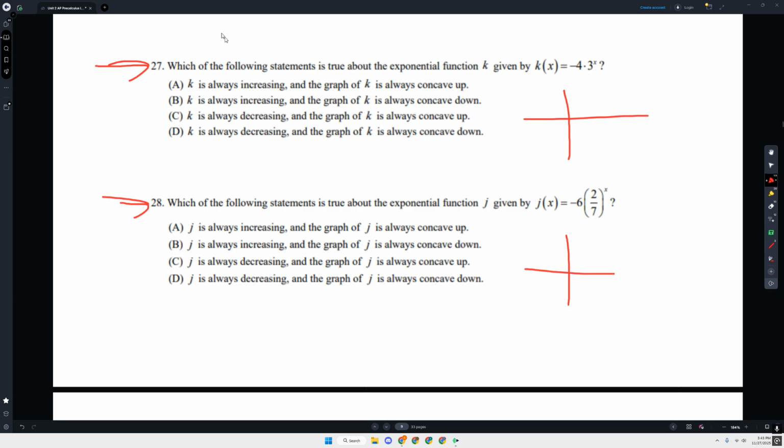All right, so for 27, we have an exponential function, so that means it's increasing, but now it's flipped, so it's negative, so we're going to point it downwards, which means the function is always decreasing. And it's always concave down.